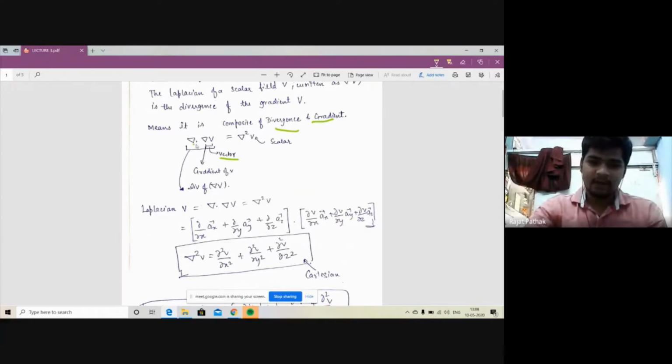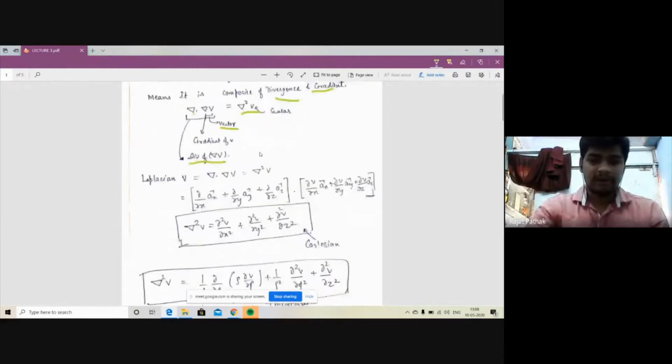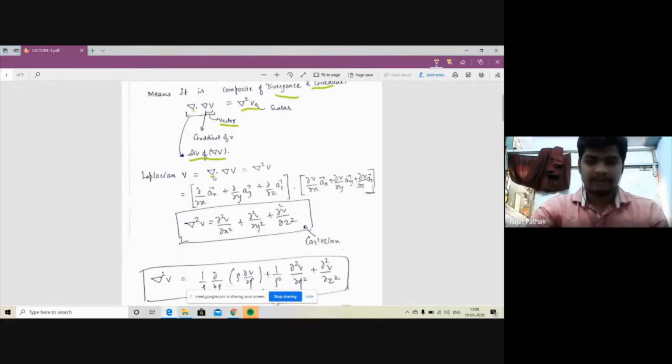That dot product is nothing but divergence, the divergence of the gradient of V. This is called the Laplacian of V, where V is a scalar quantity. It is denoted by del square.